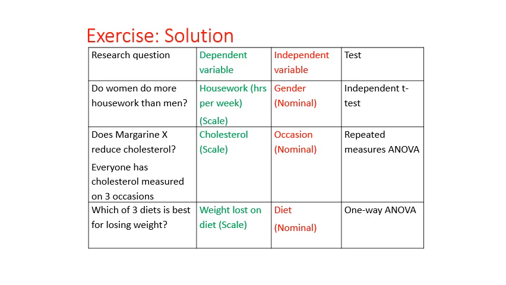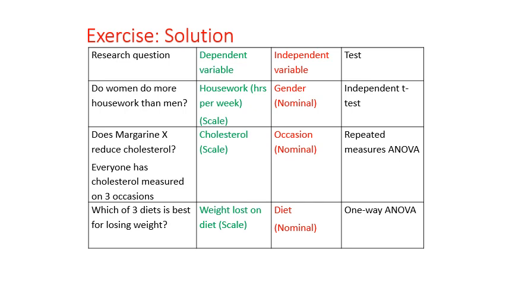Does margarine, eggs reduce cholesterol? Everyone has cholesterol measured on 3 occasions. So cholesterol is measured that is a scale variable, and its independent variable is the occasion. There are 3 occasions, so that's nominal. So the test statistic is the repeated measures ANOVA.